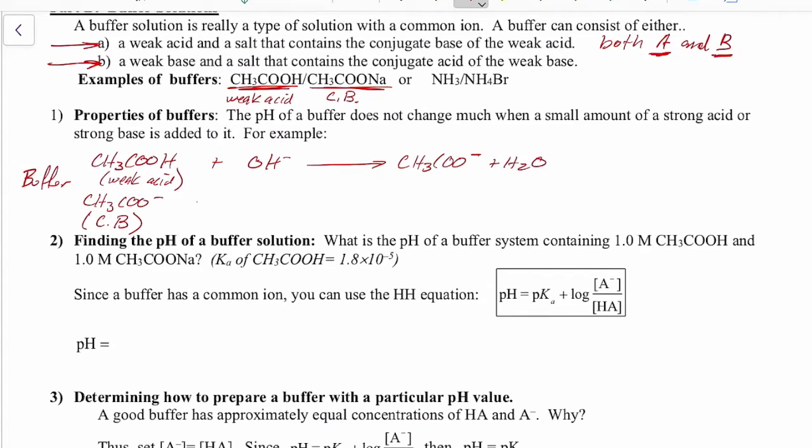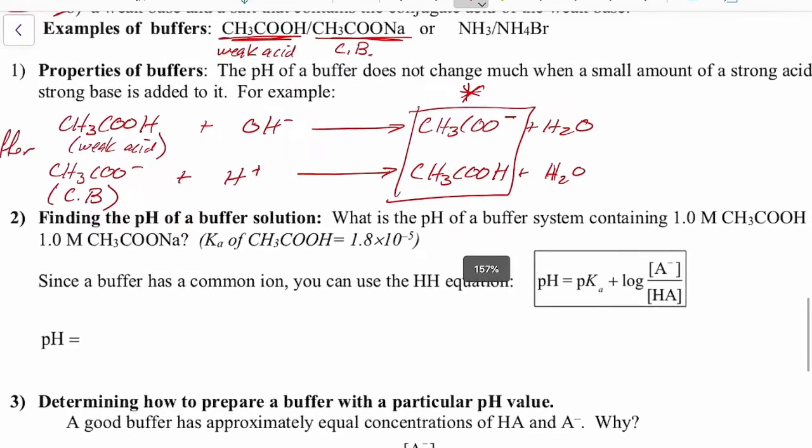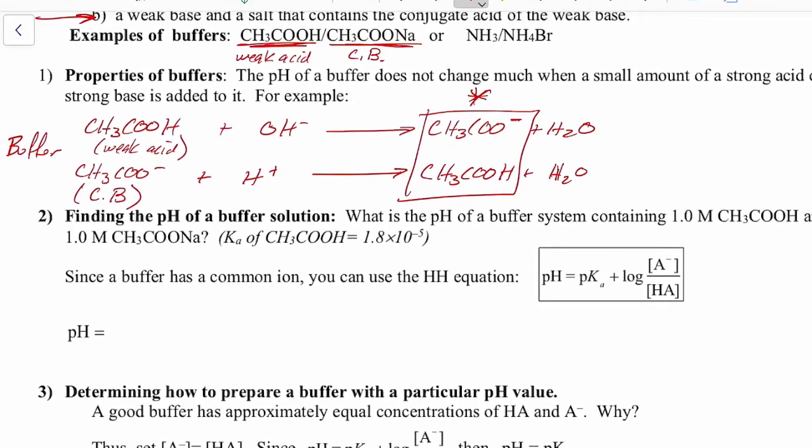Whereas if you add some acid, it's going to react with the conjugate base and give you back the acid. Notice how they just swap what they produce. Of course, there's H2O on the end here as well. But you wind up having both of those substances being made by both of those reactions. So they essentially start replacing each other.